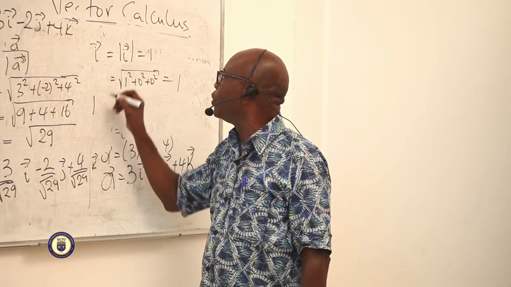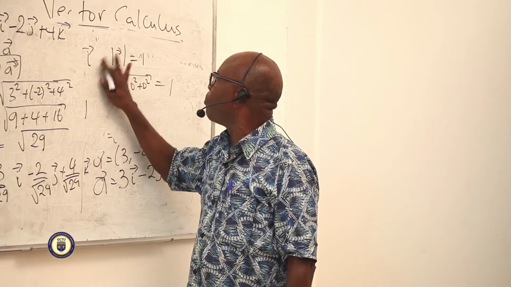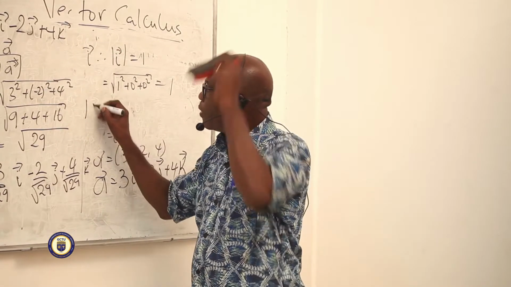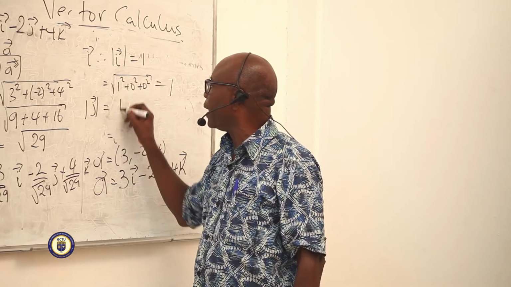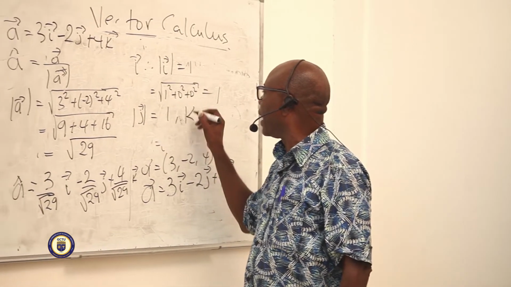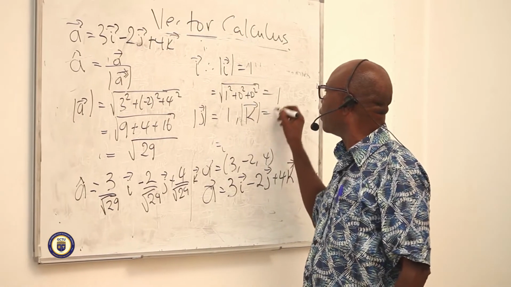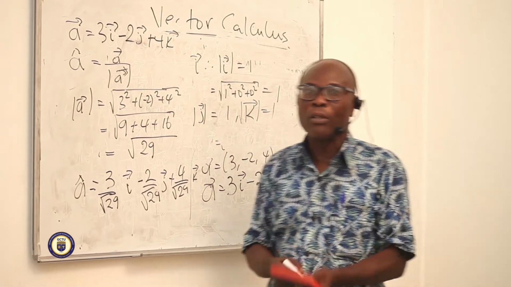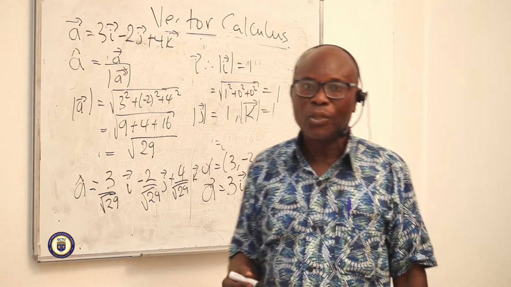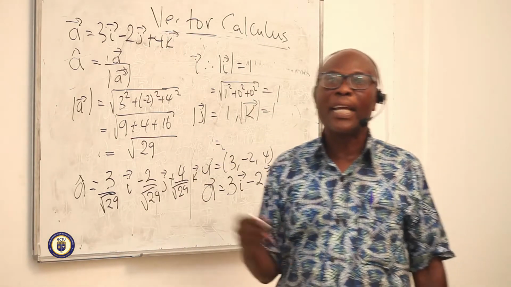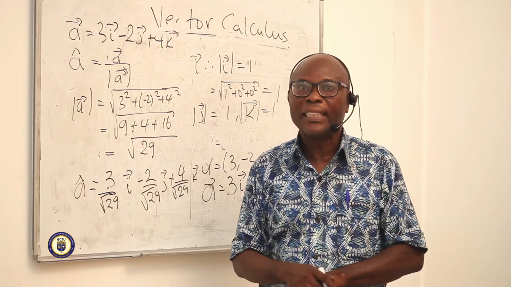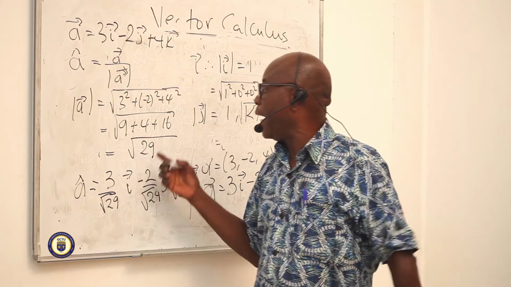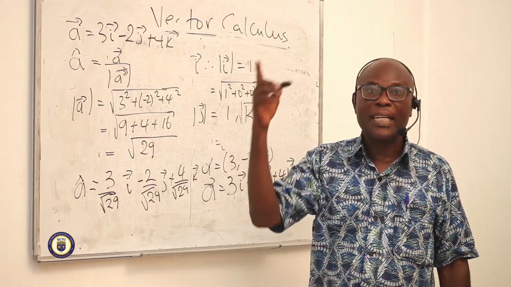Likewise, the magnitude of vector j will also give us 1, and the magnitude of vector k will also give us 1, since all are special unit vectors.